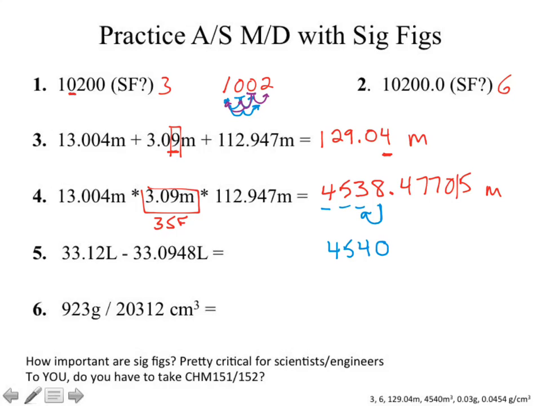We still need the 0, because otherwise it's 454, not 4,540. That's a significant difference. So we need a 0 to make sure our 4 gets put up into the 1,000 place, not the hundreds place. But now, don't I have 4 sig figs? No, why not? Because I make sure that I leave out a decimal. There is no decimal place. So you have to put the 0.